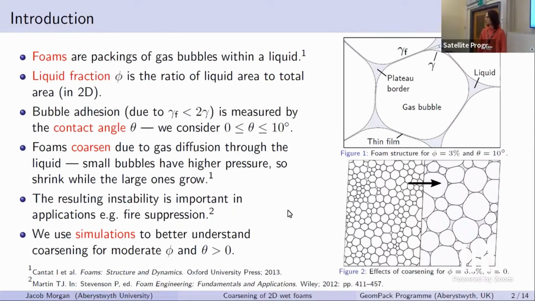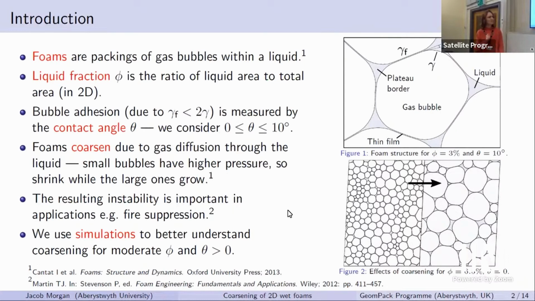As in the previous talk, we look at coarsening, where the small bubbles have high gas pressure. The gas is soluble within the liquid, and so diffuses through it from the small high pressure bubbles to the large low pressure ones.